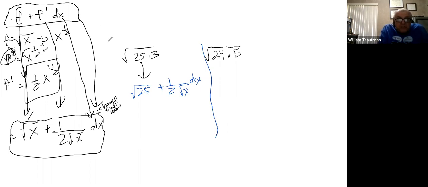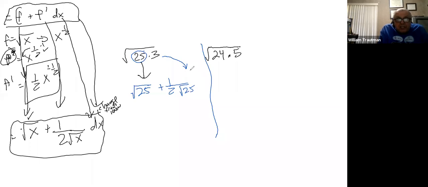And 25 is our original function here. That's why I put 25 in there. I'm sorry, I should have just put x. But 25 is what we know. The dx part is the 0.3. It's 0.3 more than 25. That's the change from 25.